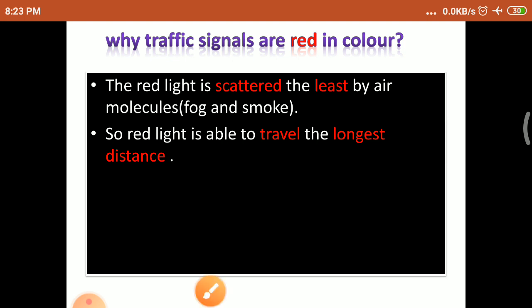Because when you are in a signal, maybe you are in a long distance from the signal area, but you can see whether they're putting signals or not. How? Because the red light is least scattered, it can travel through a long distance, so that we can see the red light if you are in a longer distance. This is also very important question. Study it.